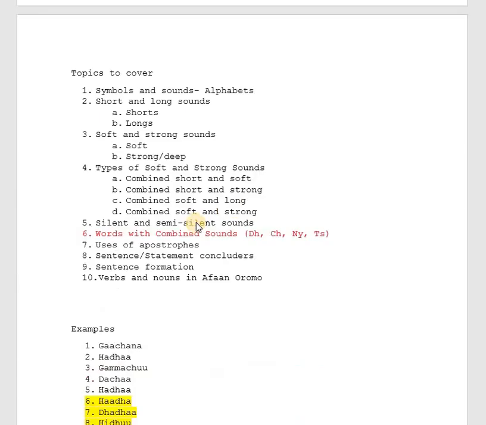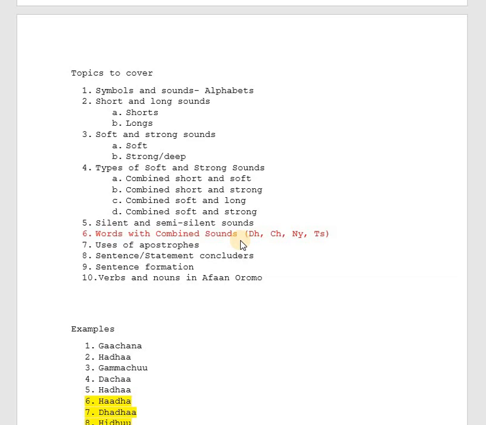Today we're going ahead with the list of topics to cover, but today I added more to that list. It is number 6: words with compound letters, compound sounds. We've seen that there are compound letters in Oromo which are made of two letters and give a different sound.